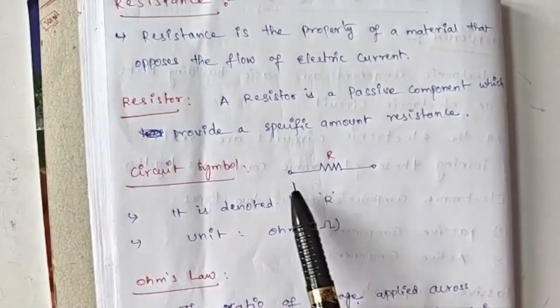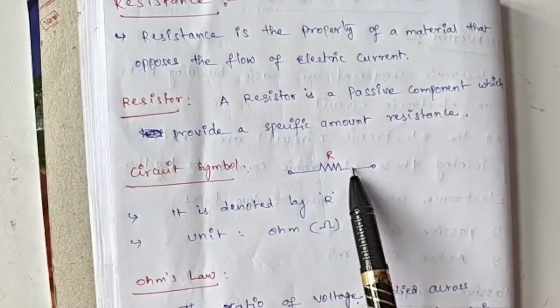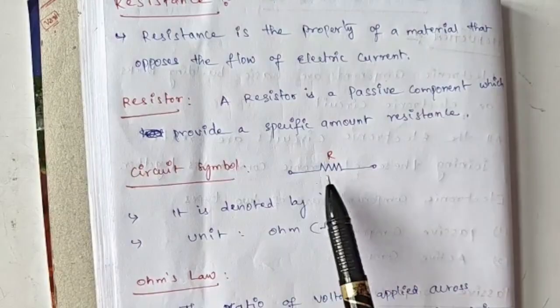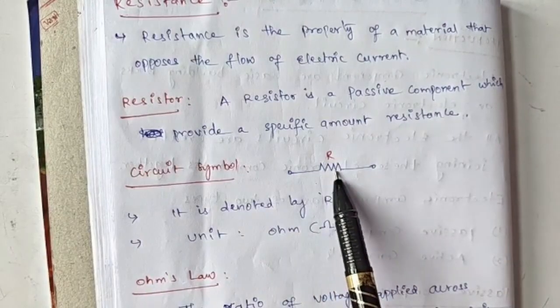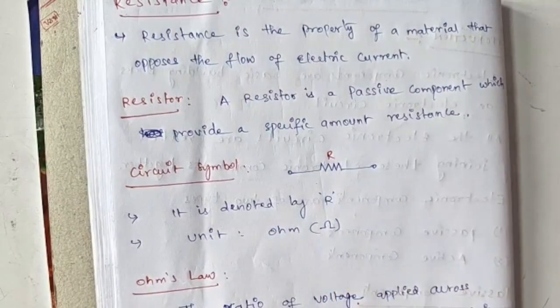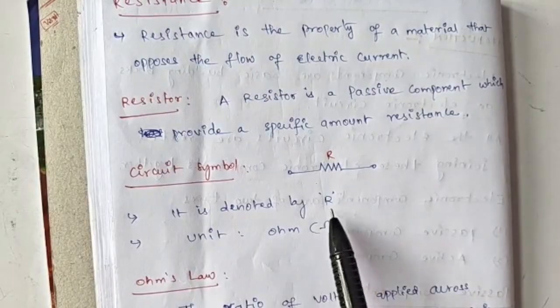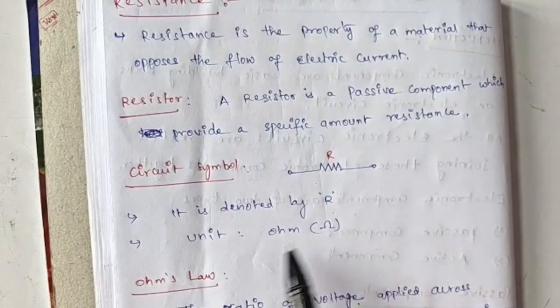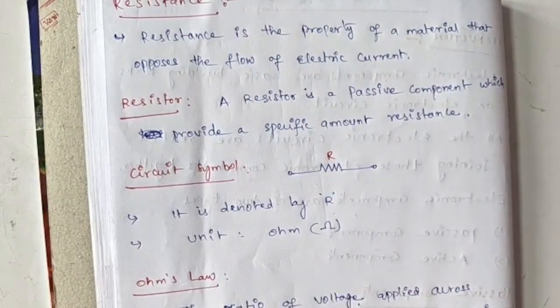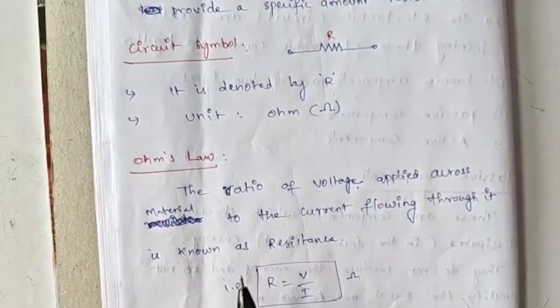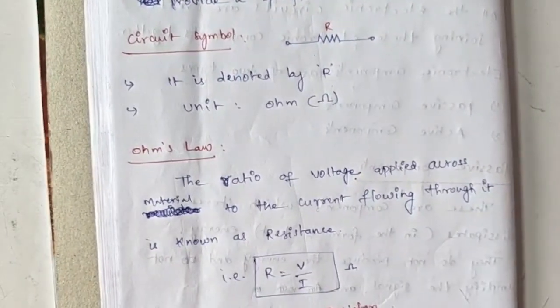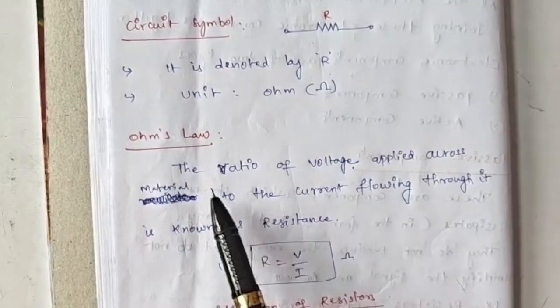Normally it is a straight line in a zigzag manner. The circuit symbol of the resistor is a straight line in a zigzag manner, and it is denoted by capital R, and the unit is ohms. Now according to Ohm's law we can also define the resistance. What is the definition of Ohm's law?